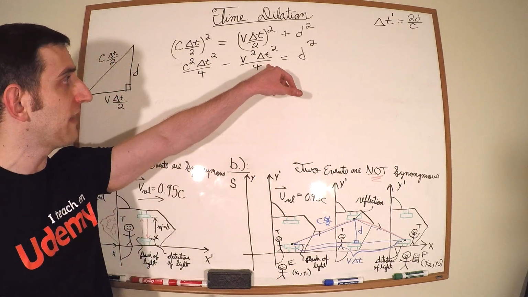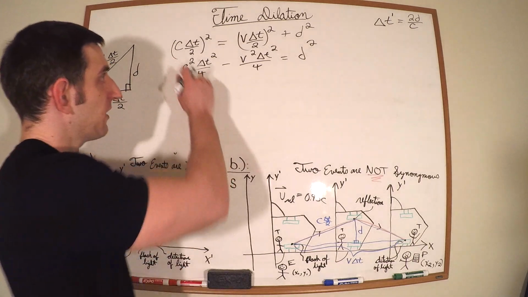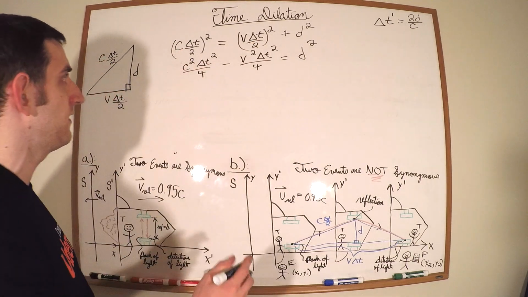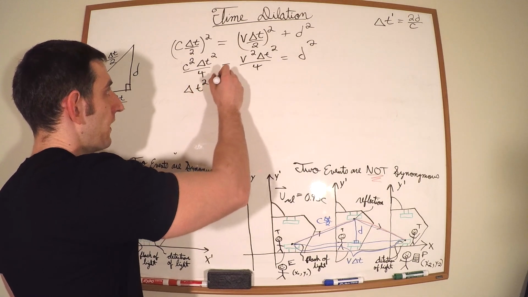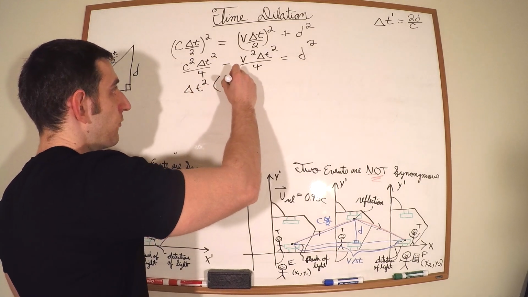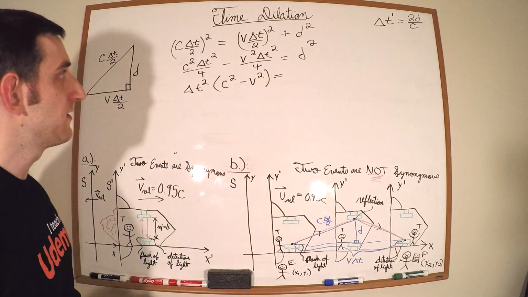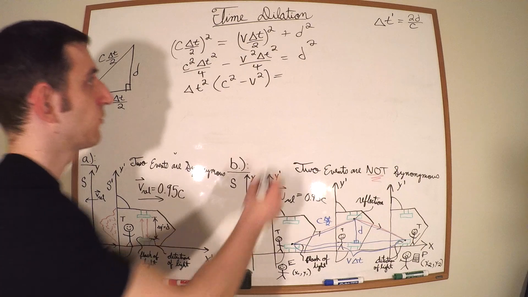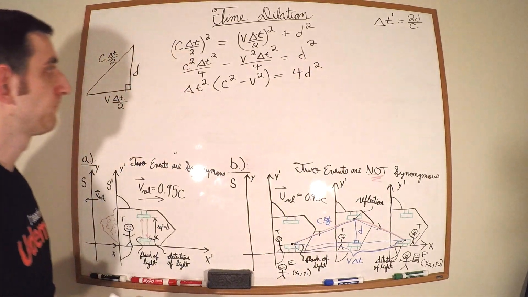So we might want to pull out that delta t at some point. But I'm going to multiply by 4 and pull out the delta t squared here. So we get delta t squared times c squared minus v squared, and that is equal to 4d squared.